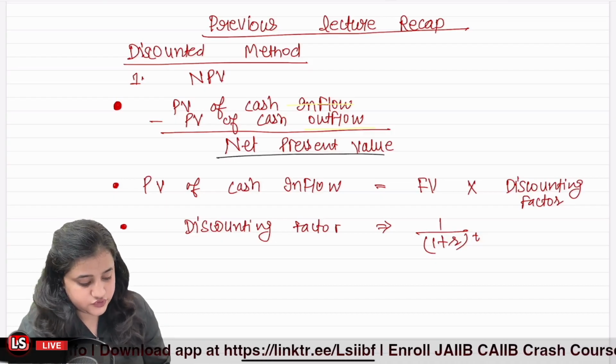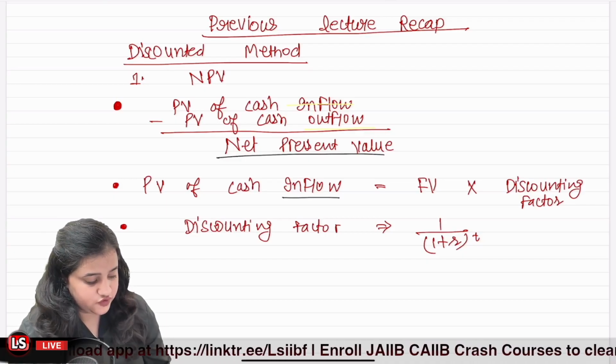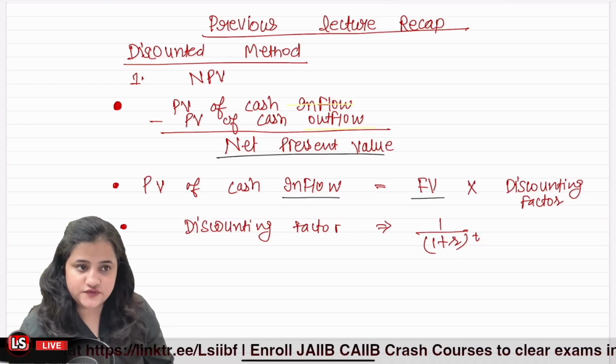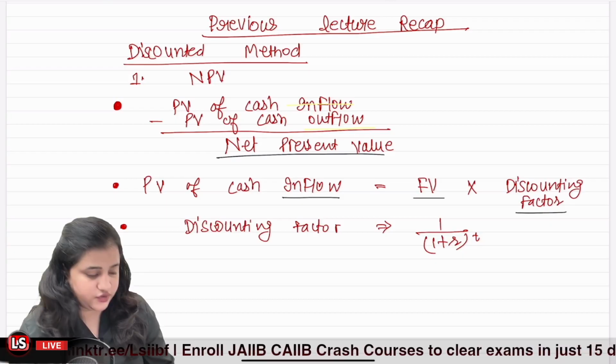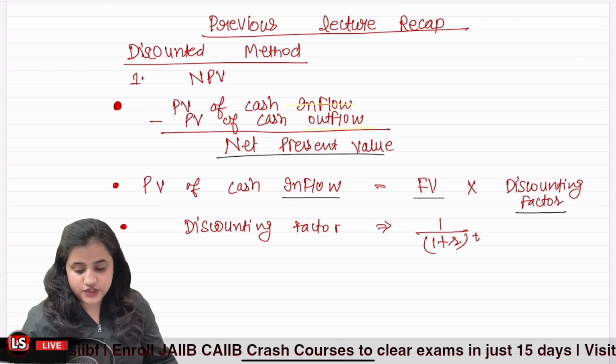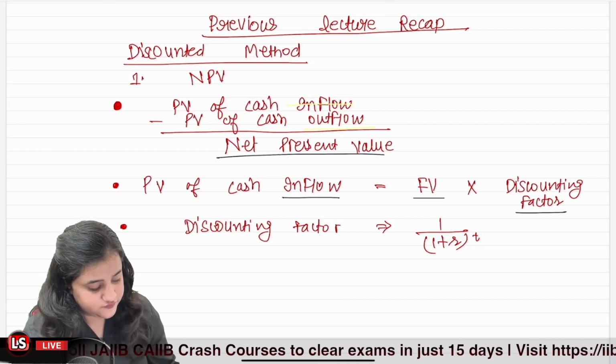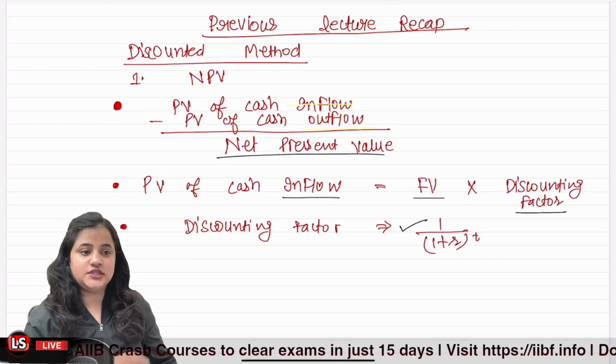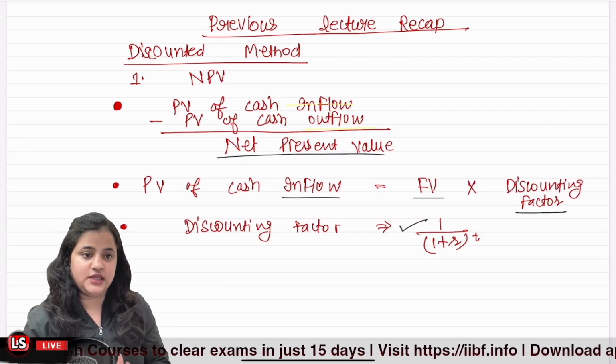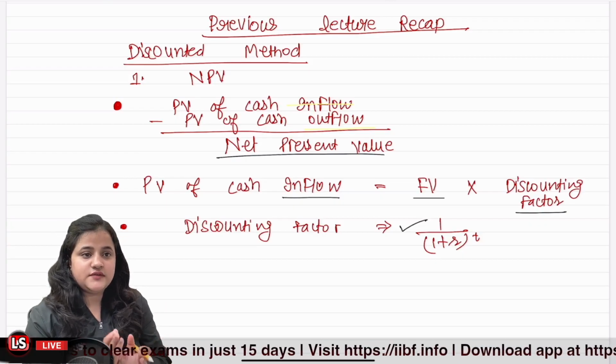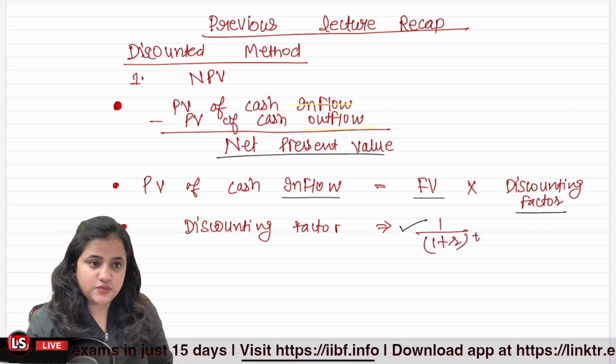To calculate the PV of cash inflow, we take the future value of cash flows and multiply them by the discounting factor. The formula for the discounting factor was 1 divided by (1 plus R) raised to the power T. So that is our net present value method.